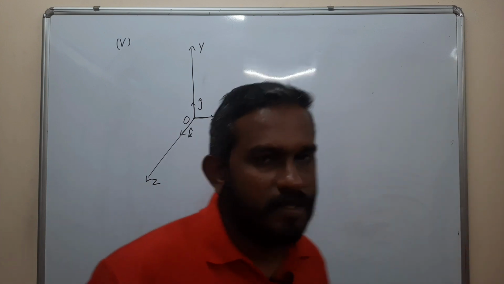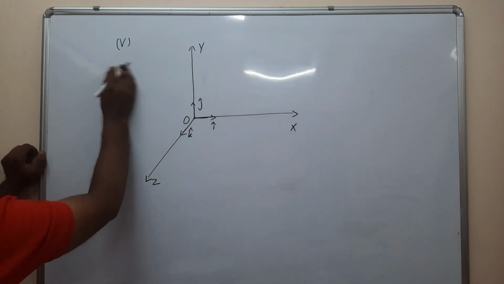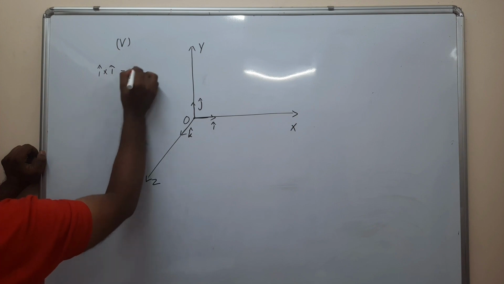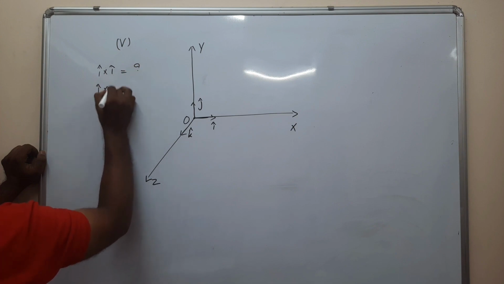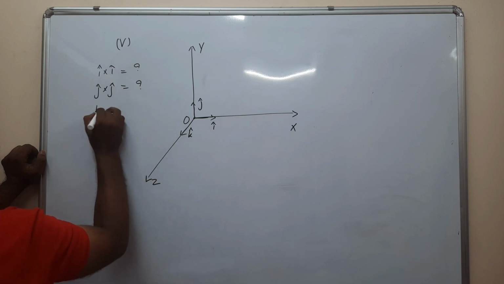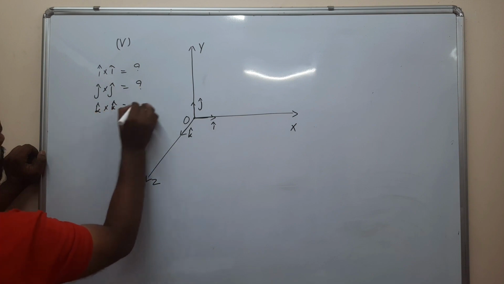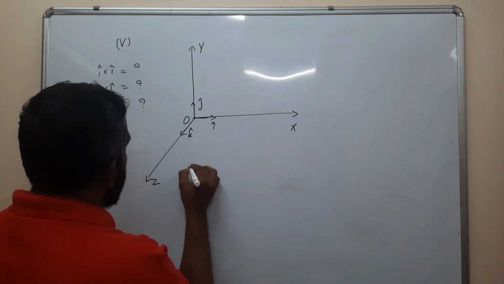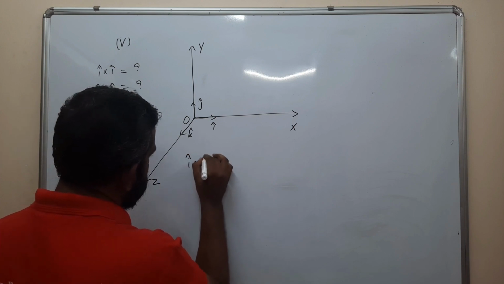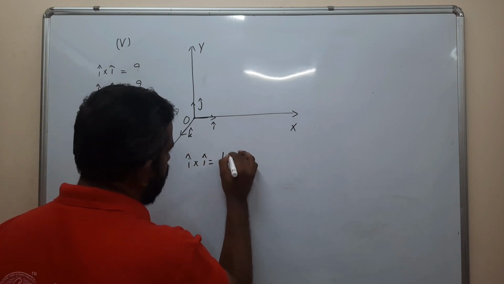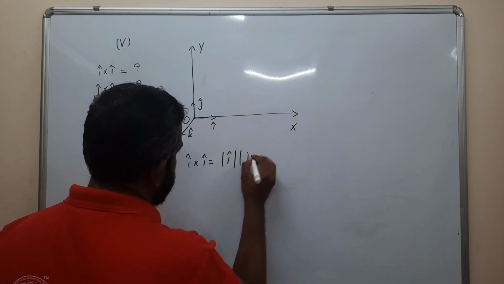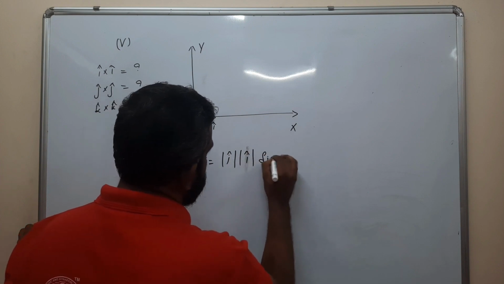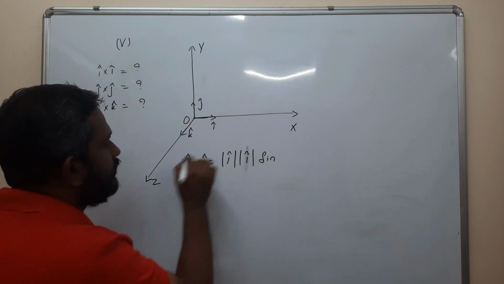So what is the cross product of I cap cross I cap, J cap cross J cap, K cap cross K cap? So we have to find. I cap cross I cap is equal to modulus of I cap, modulus of I cap, sine of the angle.